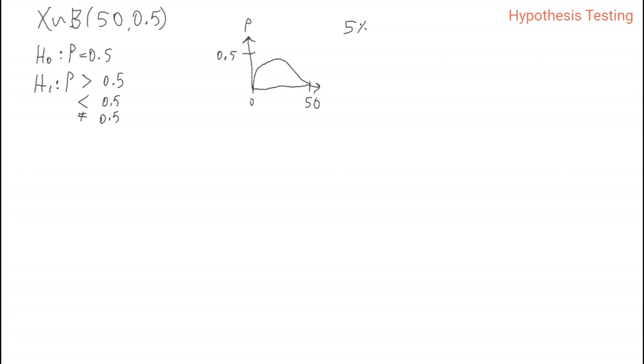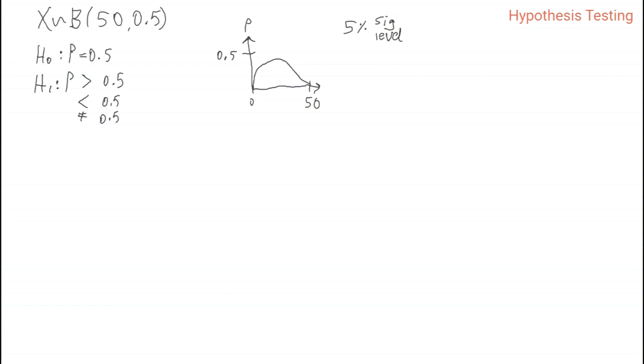It's like a leniency that you give to your probability, because the whole point is asking: is our probability 0.5 or is it something else? Our significance level is basically saying, maybe there might be a little bit of deviance from 0.5, but if it's within a certain amount, then it's fine.